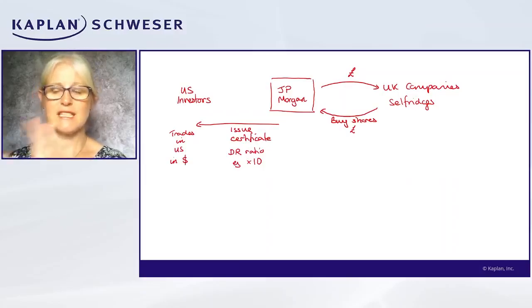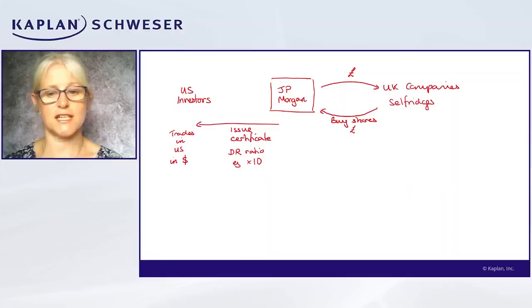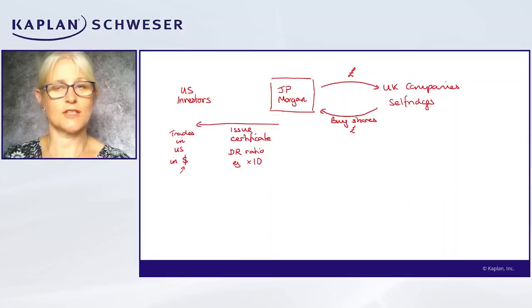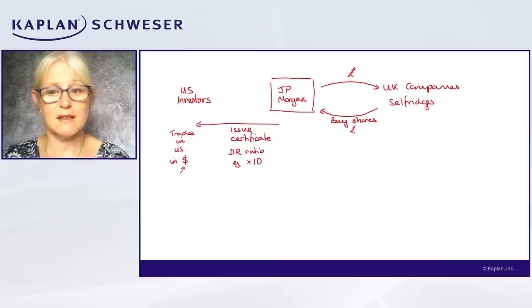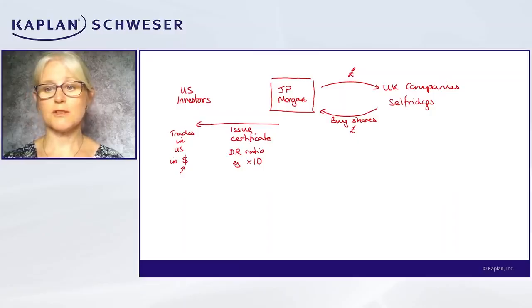Obviously foreign exchange gets factored into the price, but those depository receipts for 10 underlying Selfridges shares are trading on a US stock exchange, so it's familiar. US investors just go and buy and sell these things, and it's in the right currency. So as long as we trust JP Morgan, this is great.